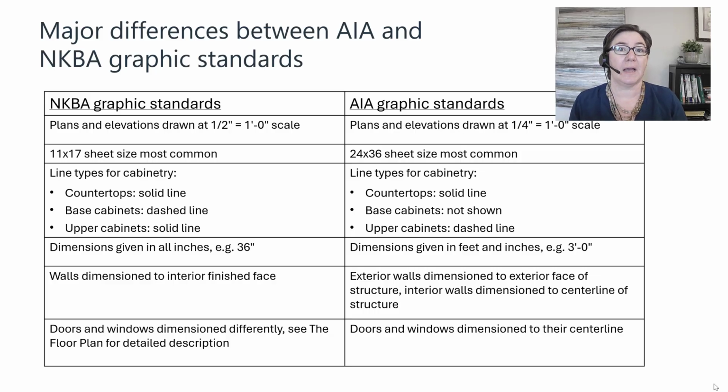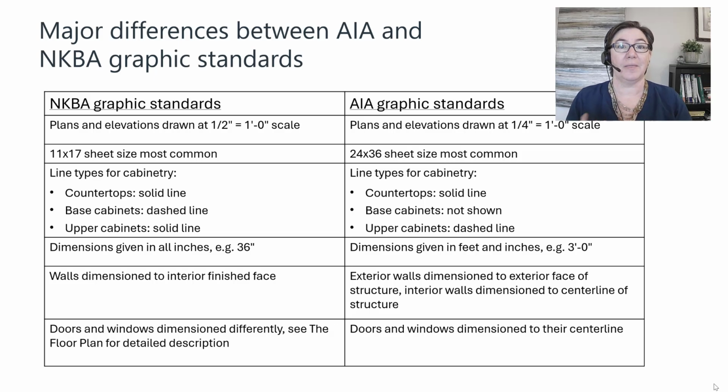Because those projects are smaller, they typically can use a smaller sheet size, even though they are drawn bigger with a larger scale. So the NKBA will typically use an 11 by 17 sheet size. If you need to bump that up to 18 by 24, that's fine. AIA typically uses a much larger sheet. 24 by 36 is pretty common.